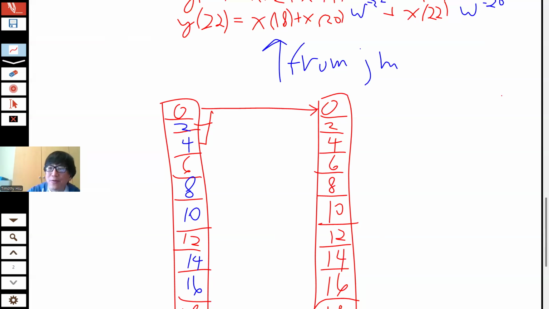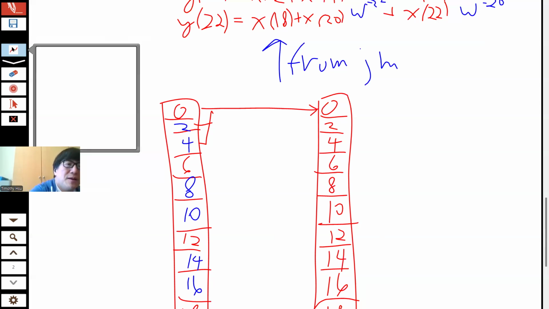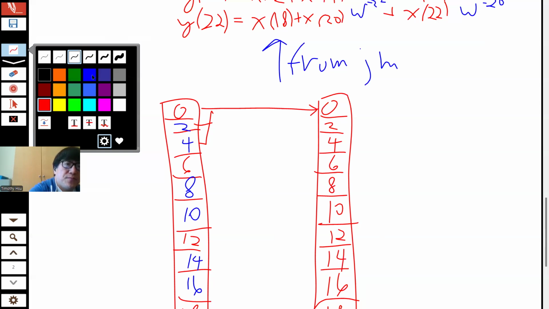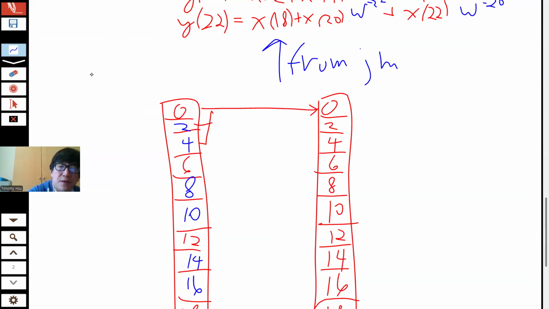So are there any questions? Let me just do two of these, and correspondingly, go back to blue here. The inputs 6, 8, and 10 are going into output number 2.